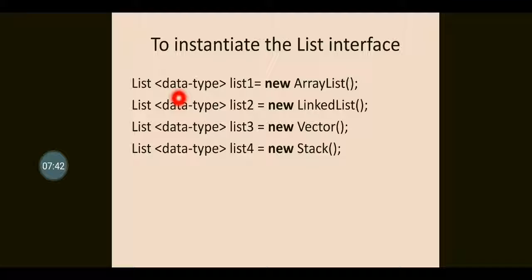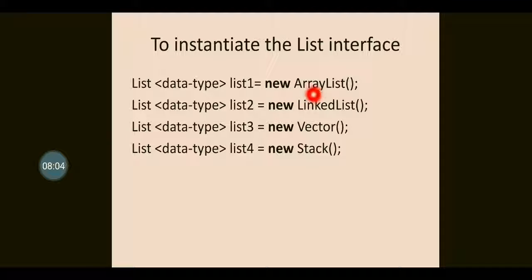You can store any type of data items, it may be an integer item, a float item, or a string item. So under list you give the data type, then the object name followed by new and then the particular class's constructor.